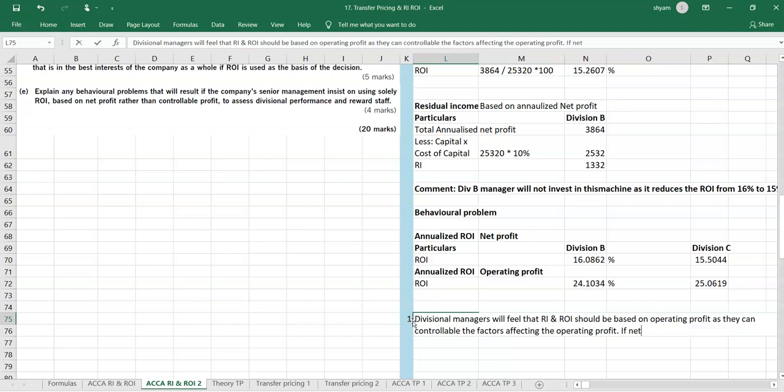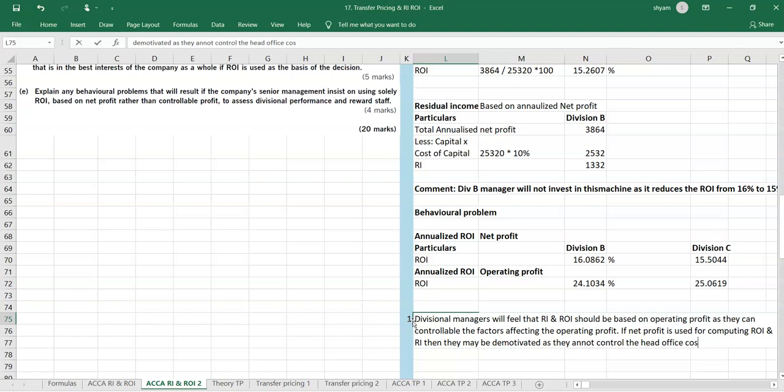If net profit is used for computing ROI and RI, then they may be demotivated as they cannot control the head office costs.